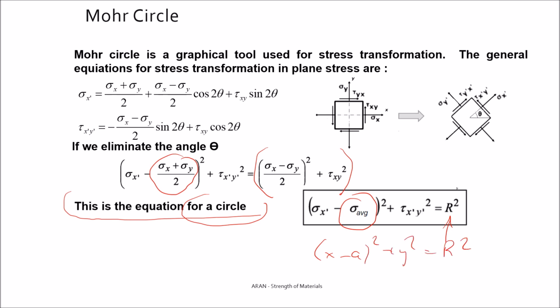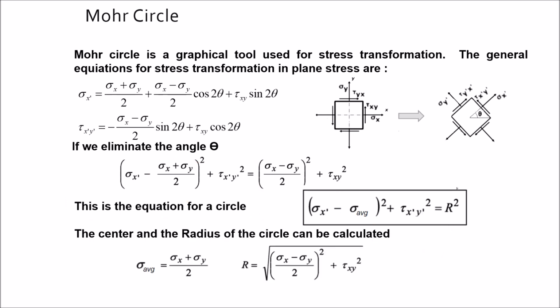This is the equation for a circle. For my circle, the center is the average stress, and the R value, the radius, can be calculated with the help of the stress components.